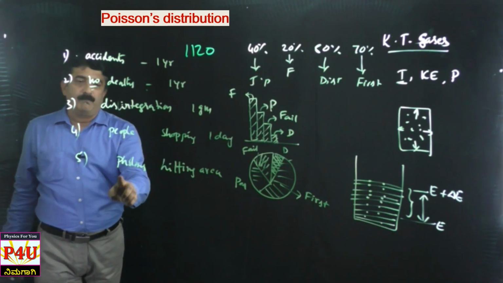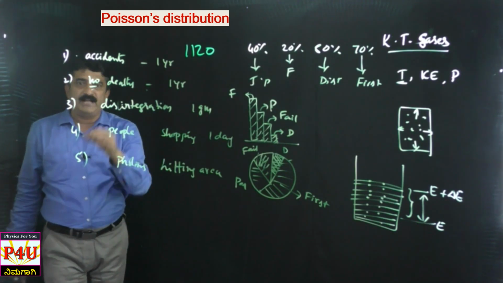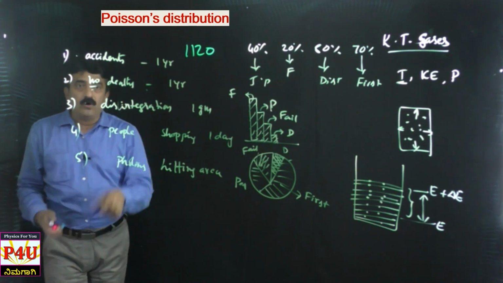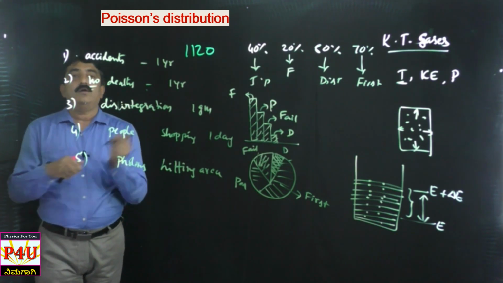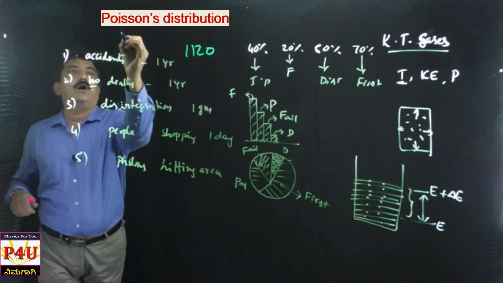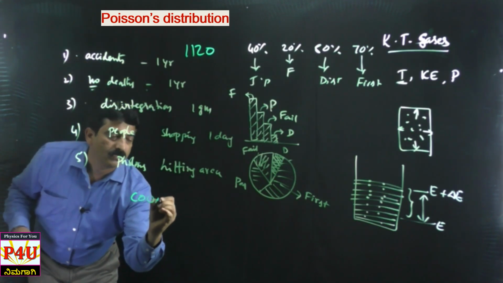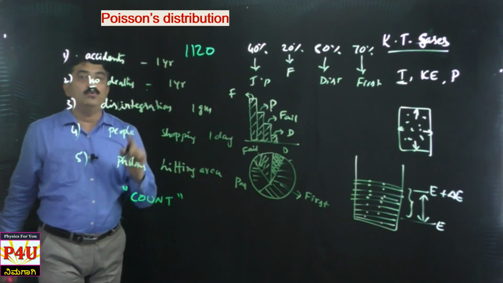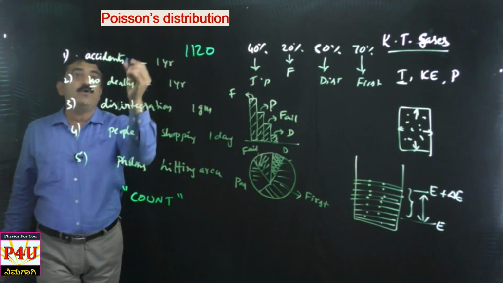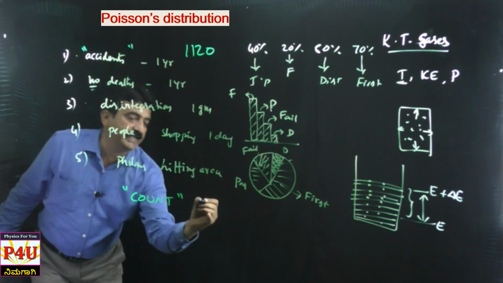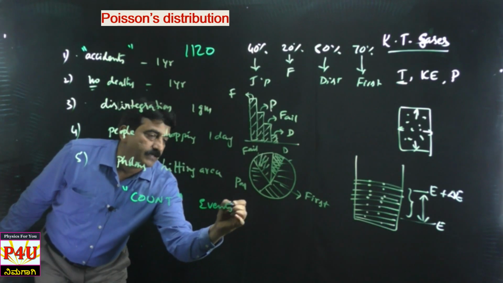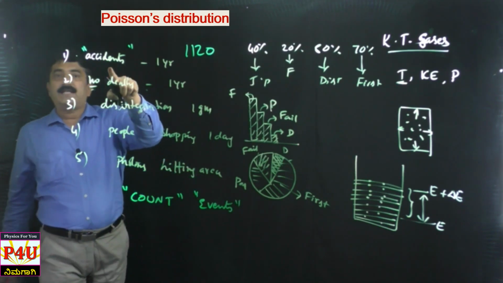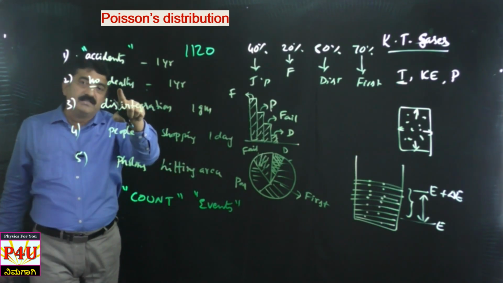Now coming back to these examples, observe carefully: number of accidents, number of deaths, number of disintegrations, number of people visiting the shopping mall, number of photons hitting the particular area, etc. In all these things, you are counting. Please follow carefully. You are counting what? Some events. See, in the first example, accident is an event. Next, death is an event.